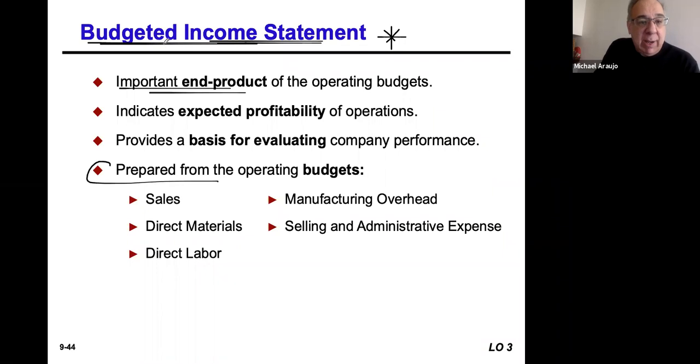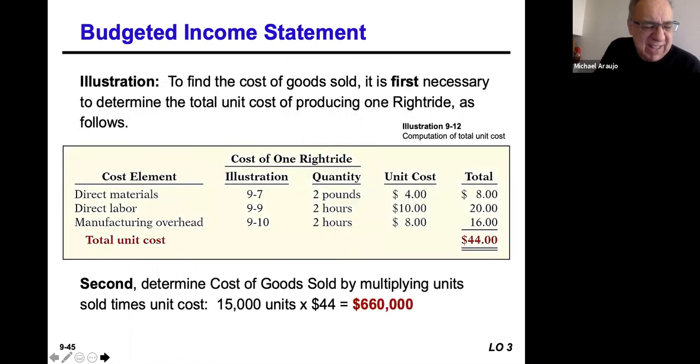How do you prepare a budgeted income statement? You need the sales budget, the direct materials budget, the direct labor budget, the manufacturing overhead budget, and the selling and administrative expense budget. All of these budgets are needed because this is where the information is going to come from to do the income statement. Fascinating.